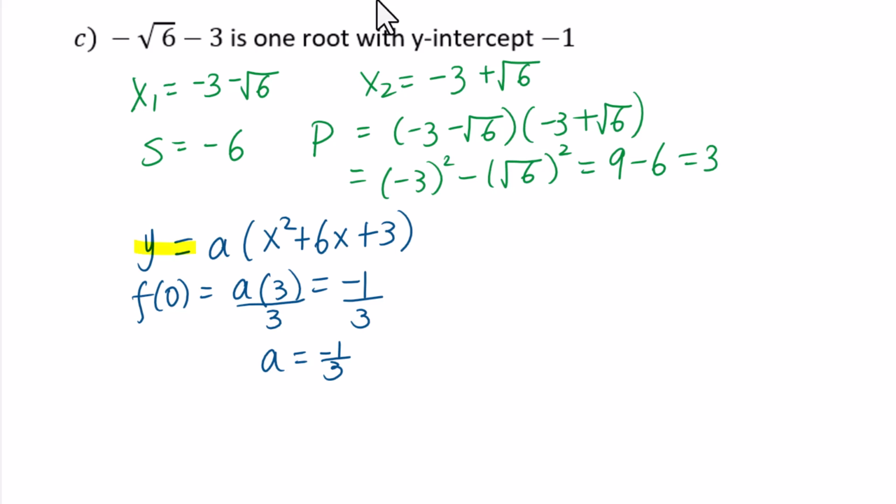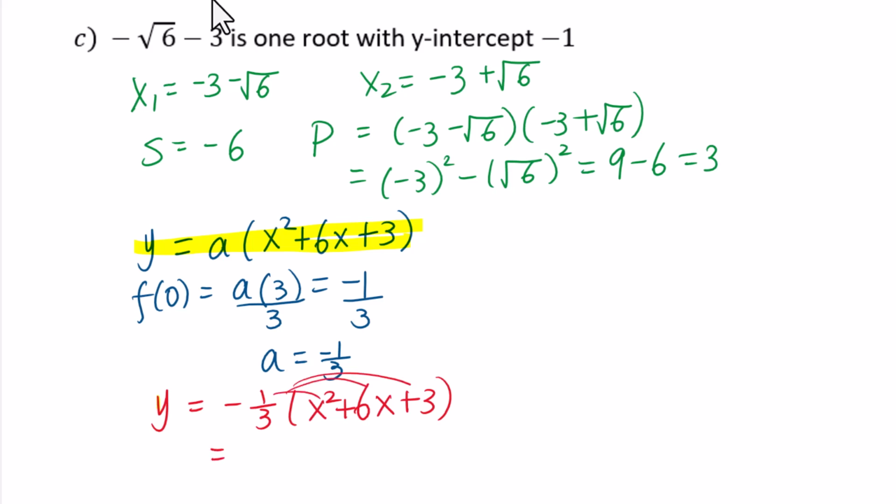Now we plug back into this function. y equals negative 1 over 3 times x squared plus 6x plus 3. Distributive property: negative 1 over 3 x squared minus 2x minus 1.